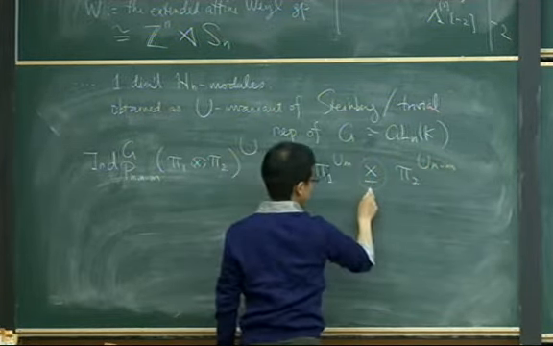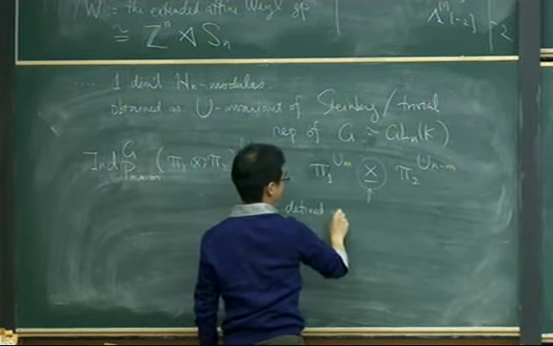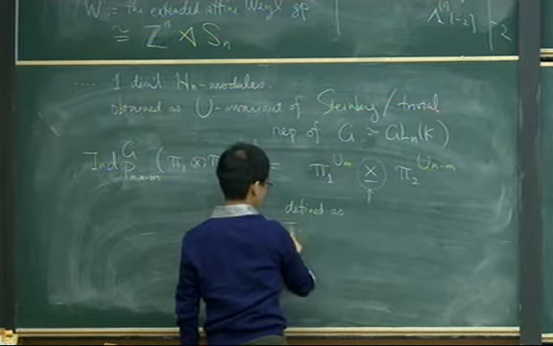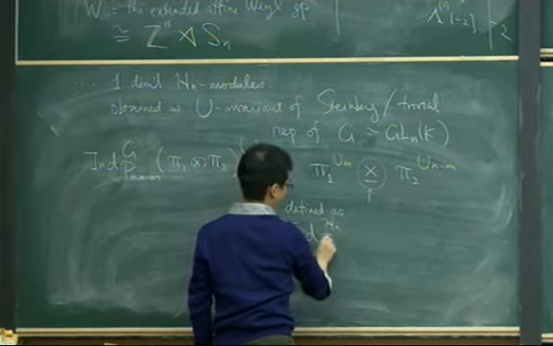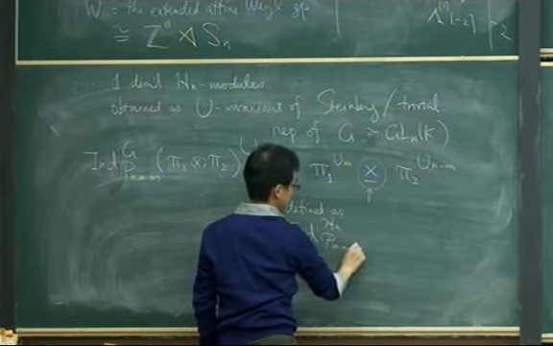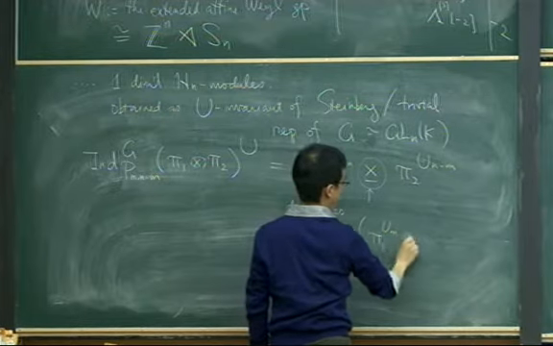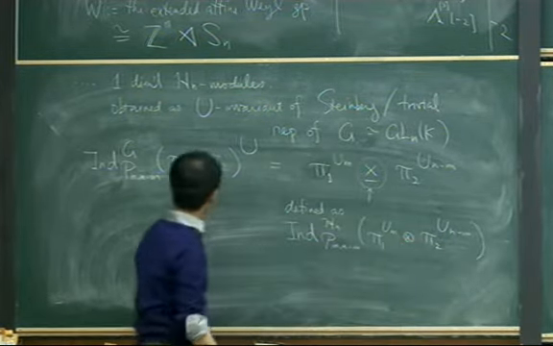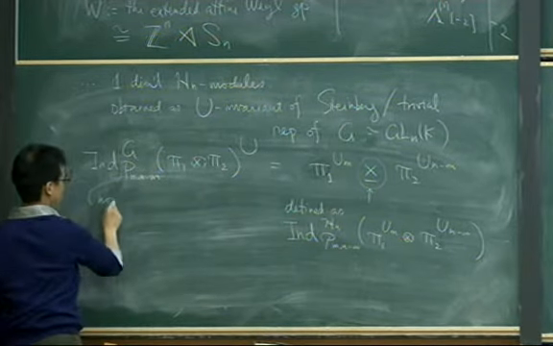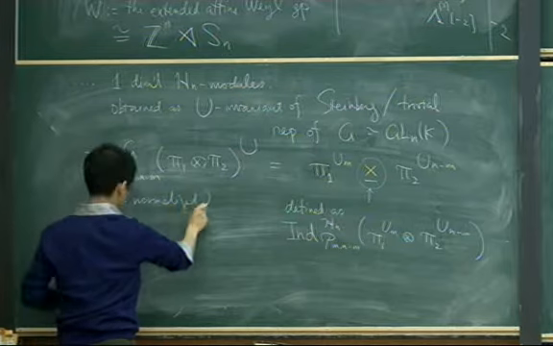so this is defined as the induced module from the parabolic subalgebra to the whole of the Hecke algebra. It's non-normalized.